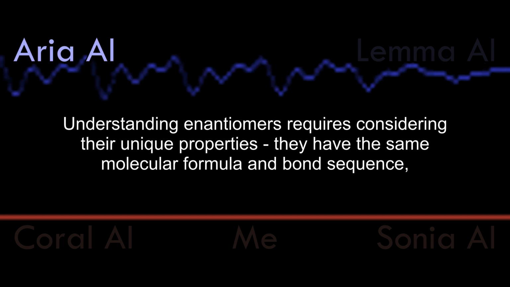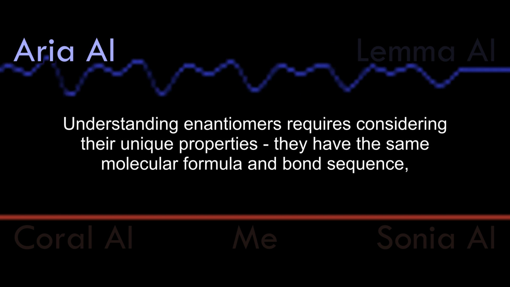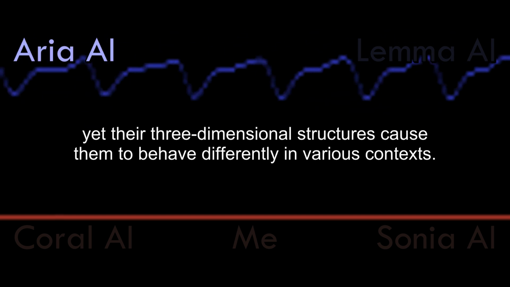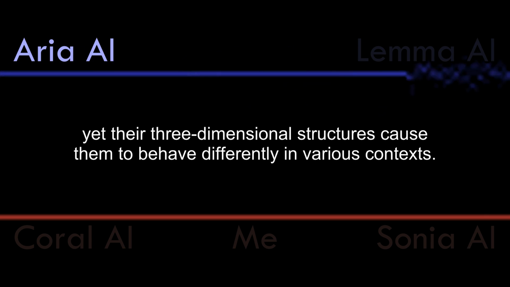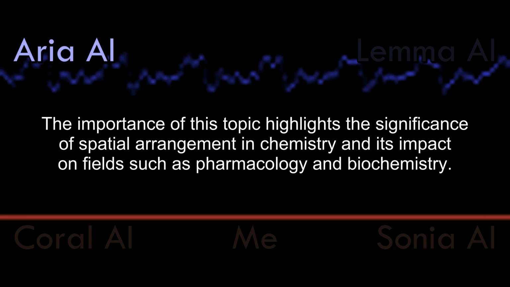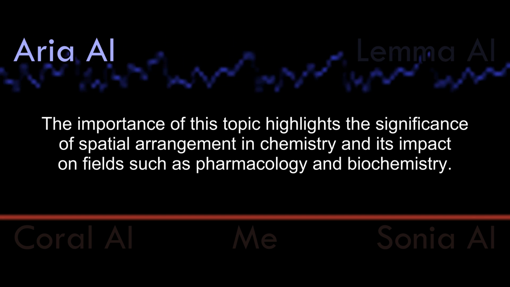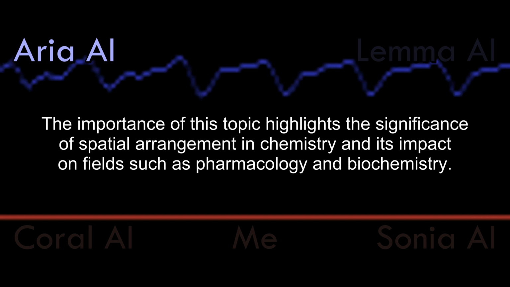Understanding enantiomers requires considering their unique properties. They have the same molecular formula and bond sequence, yet their three-dimensional structures cause them to behave differently in various contexts. The importance of this topic highlights the significance of spatial arrangement in chemistry and its impact on fields such as pharmacology and biochemistry.